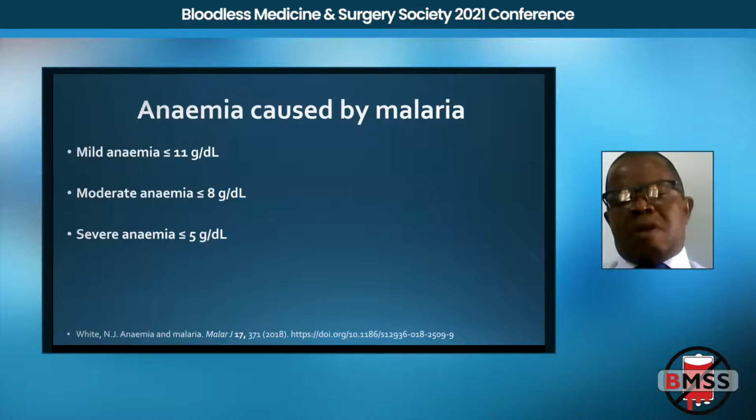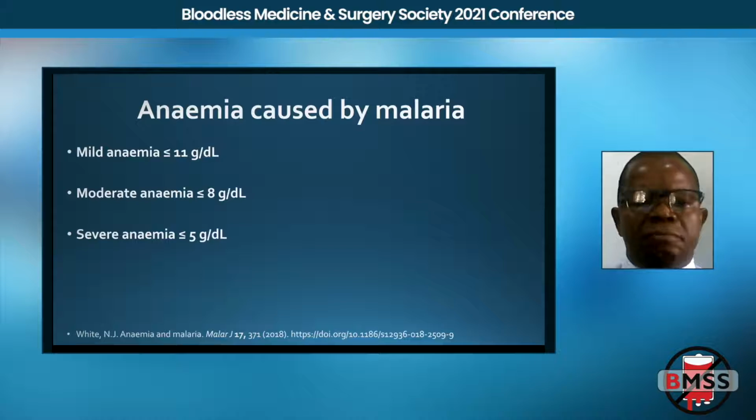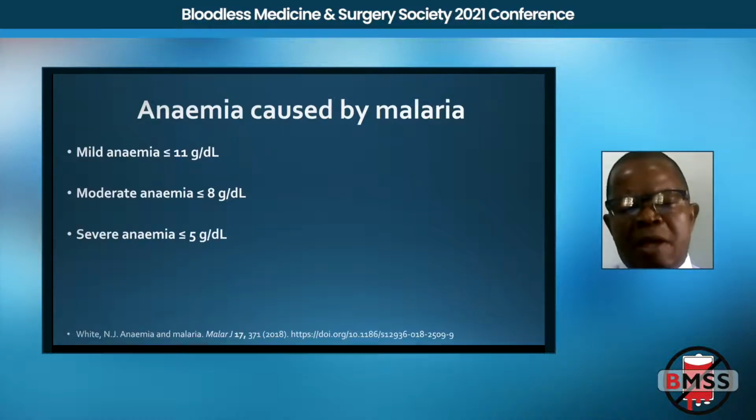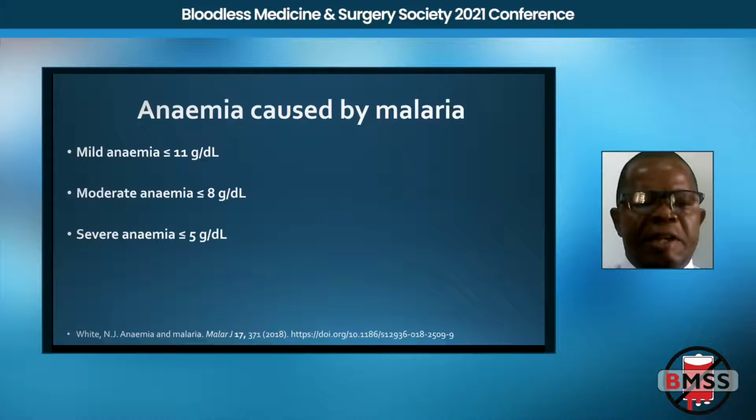But in a malaria area or belt, as we have, that scale may not fit so well. So severe anemia in a malaria endemic area is brought down to 5 grams per dL, and moderate anemia is 8 grams per dL, as it were.